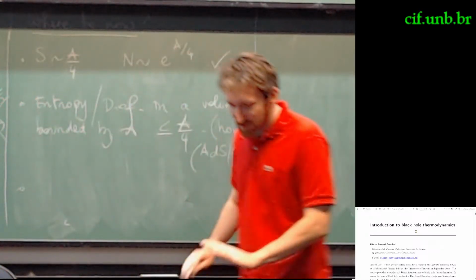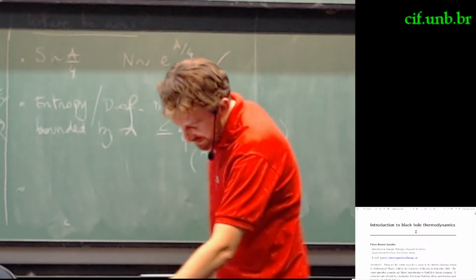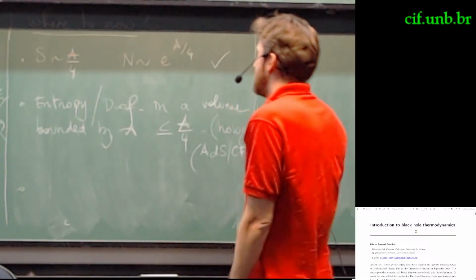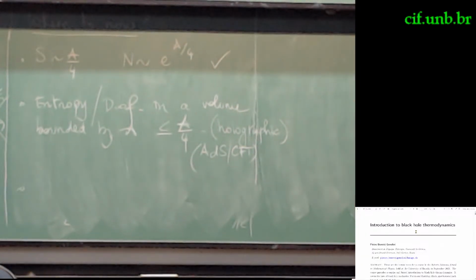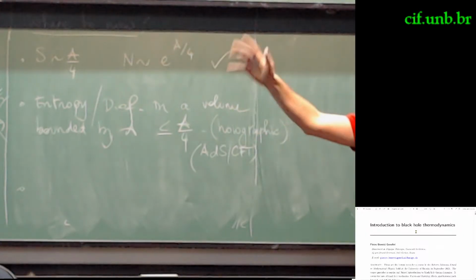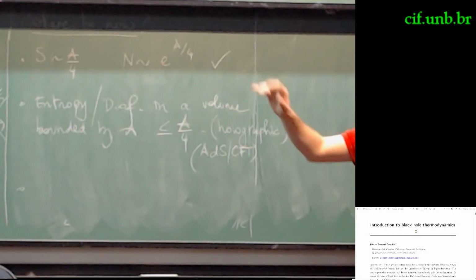Okay, finally, and then I'm really done, thank you. There is a big problem with what I said until now, which is related to the back reaction that I was mentioning earlier. If you also include the back reaction, then the black hole will shrink because it will lose part of its information in radiation away to infinity.